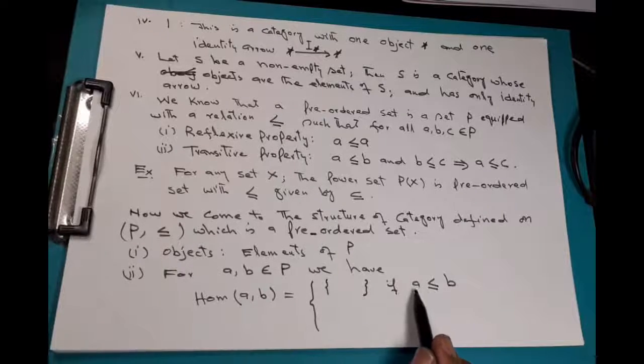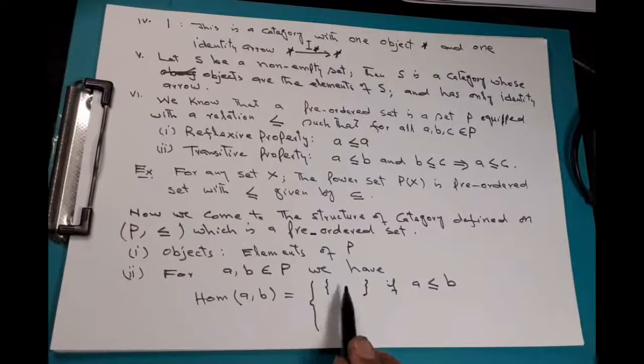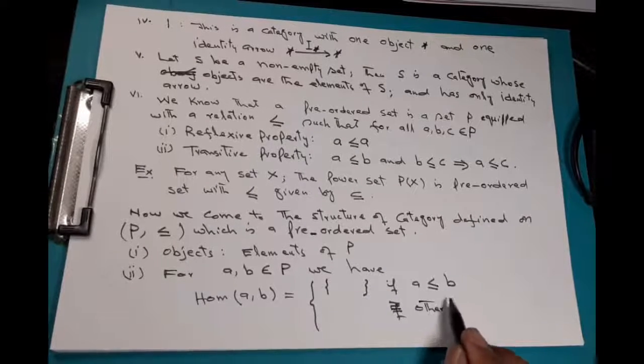So if A is related with B, then hom(A, B) will contain one morphism. So this is our definition in fact. And if A is not contained in B, or otherwise, hom(A, B) will be empty. There will be no morphism in it.